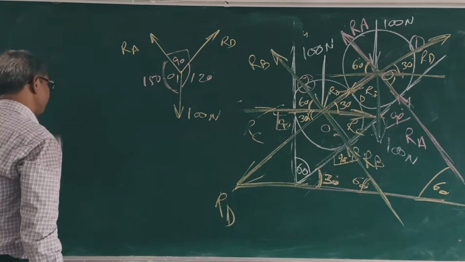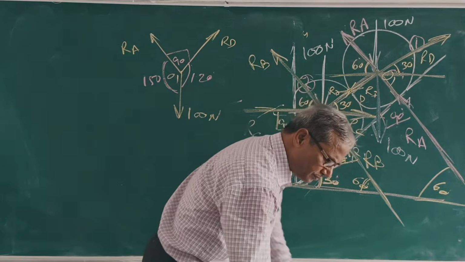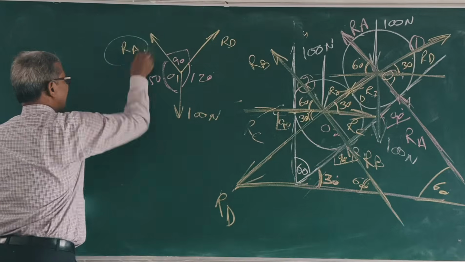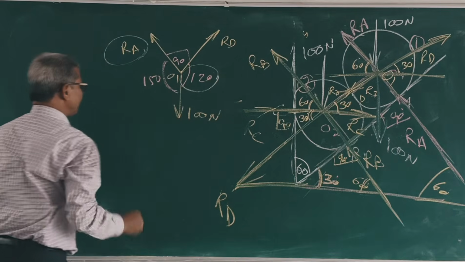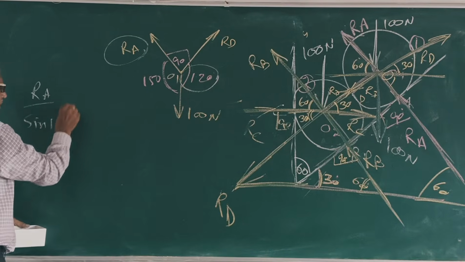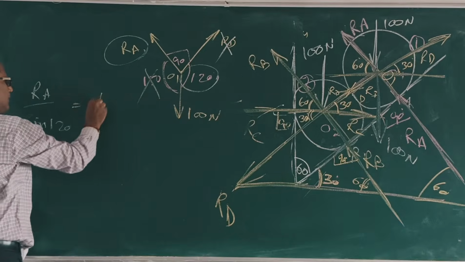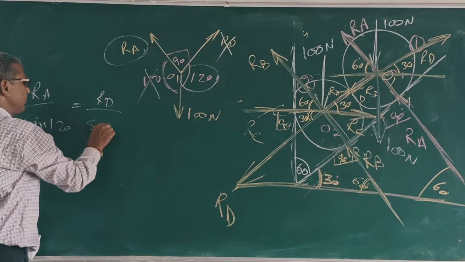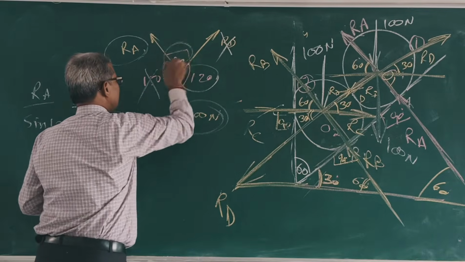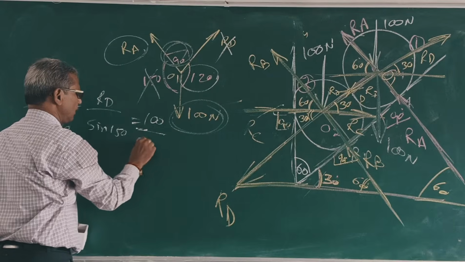So, using Lami's theorem, RA by sin 120, RD by sin 150, 100 by sin 90. Clear?